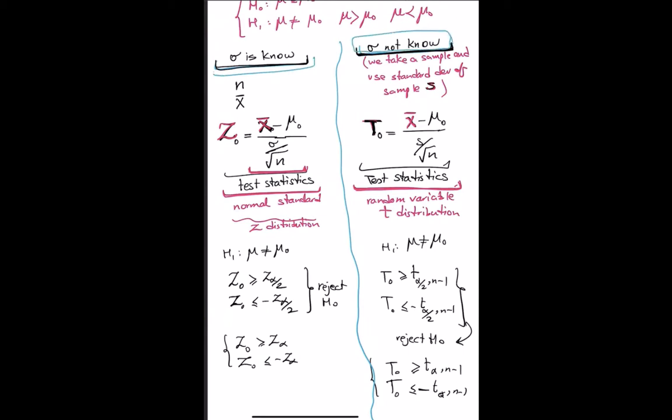And if you can find that from a problem statement, the rest is just picking the right formula, plugging in the right numbers, and making the conclusion. So the very first important decision that you have to make when you want to answer any test of hypothesis question, similar to what we did for the confidence interval, is whether sigma is known or not. And then depending on that, you pick the formulas on the right or on the left.